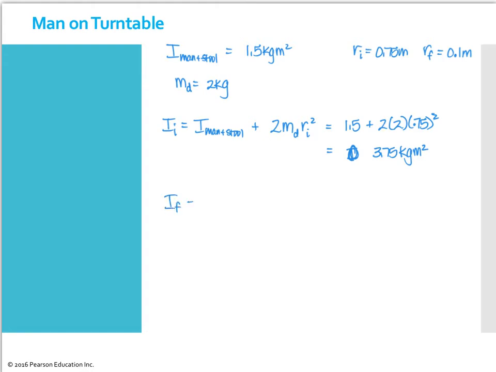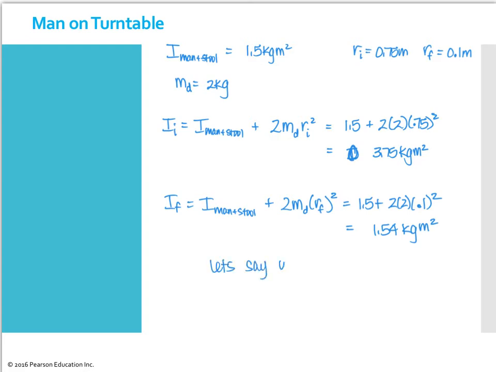In the final situation, we have the man in the stool. That doesn't change ever. But our dumbbells have moved to a different location, so that number will change. And the final moment of inertia is 1.54 kilograms meters squared.